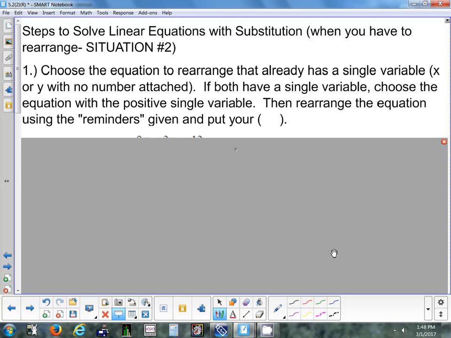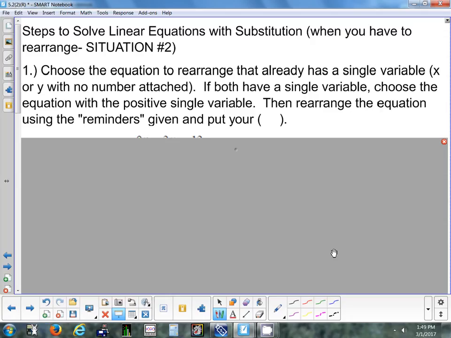I would pick the equation that has the positive y. All right? Reason being is, remember, if there's a negative number attached to the y, at the end, I'm going to have to divide everything by negative 1. If I pick the one that has a positive y, I eliminate that step. I don't have to divide by a negative 1 to make the y positive.